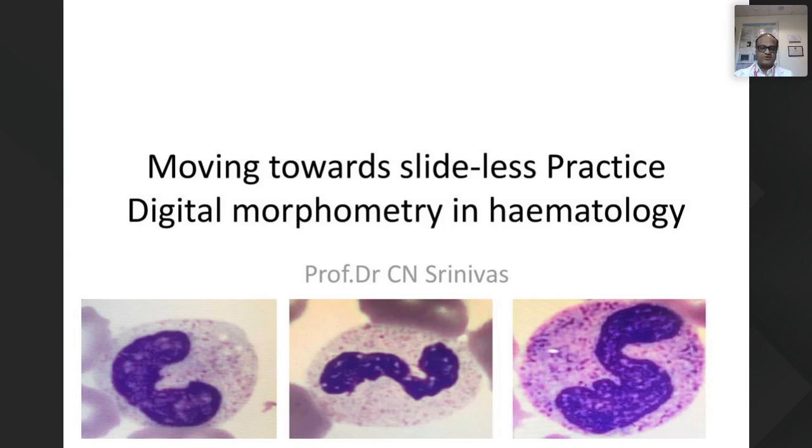As Dr. Ankur was saying, the automation in hematology was there for 3-part analysis and 5-part analysis. But when we started exploring more automation in hematology, we started understanding that hematology can be automated fully also. So we will be spending about 30 to 35 minutes on how digital morphometry is helpful in hematology itself.